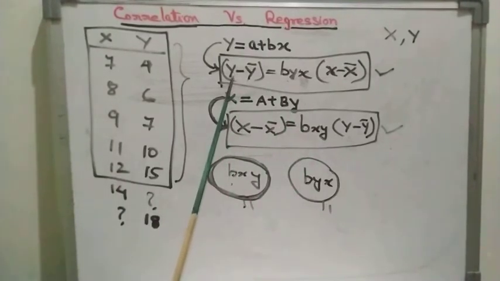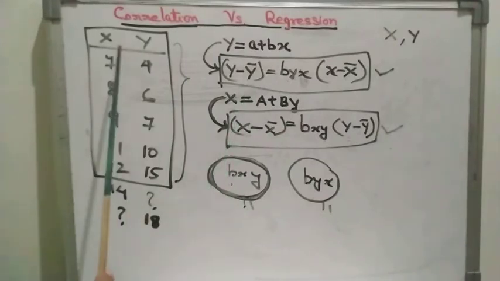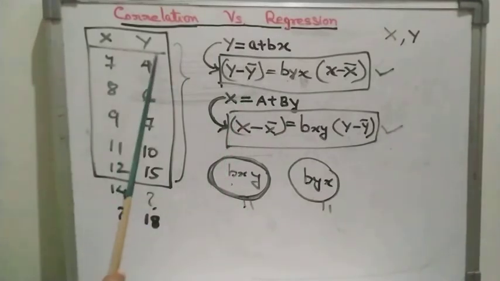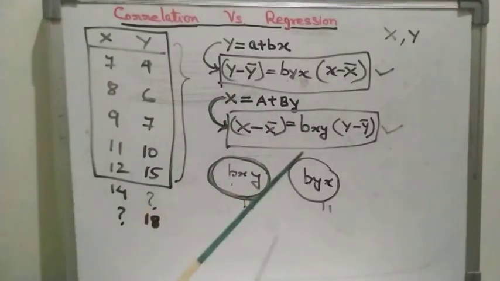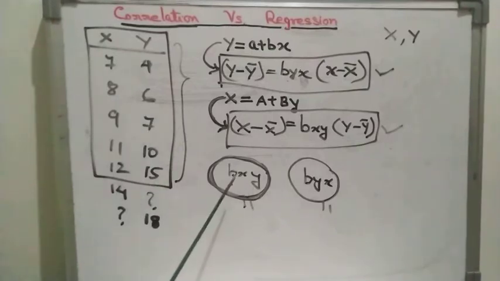Then you find y bar from the y series and x bar from the x series, put them in, simplify, and you will get the regression equations. I will give the formulas for the regression equations of x on y and y on x afterward.